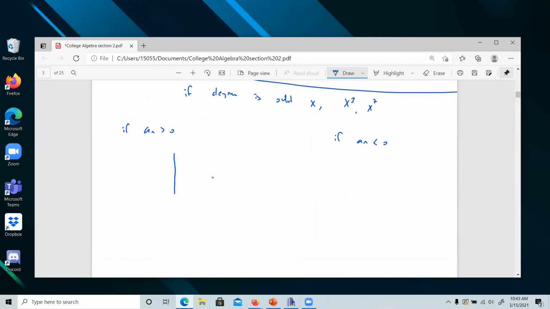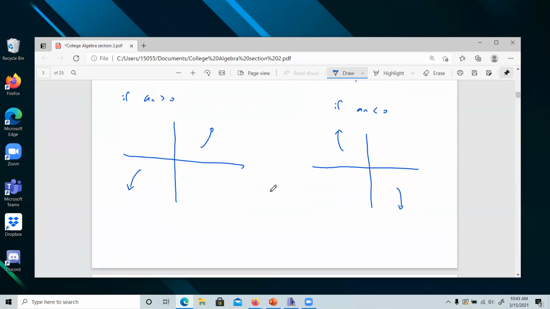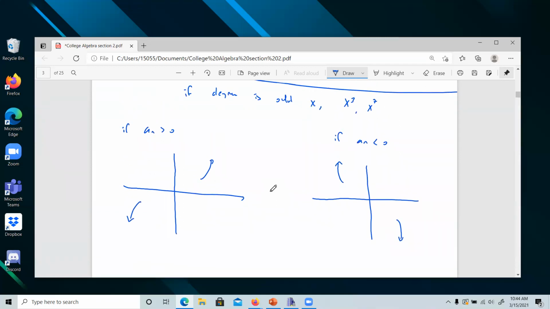If you remember going back to your transformations of graphs, we had you memorize certain shapes. That kind of looks like an x cubed. Yeah, it does. All the odd polynomials kind of look like x cubed. Not quite, but they're close. And then this one is in the opposite direction.